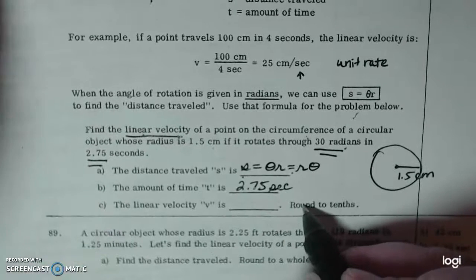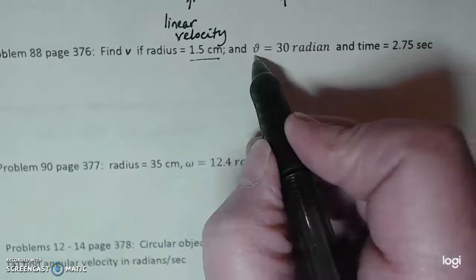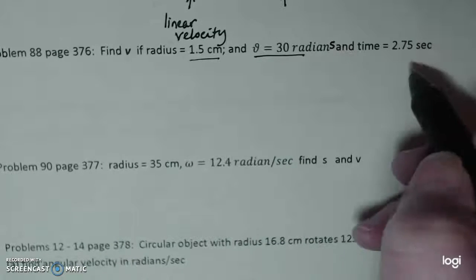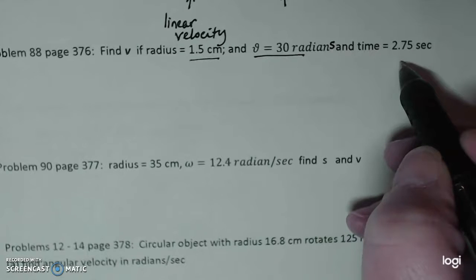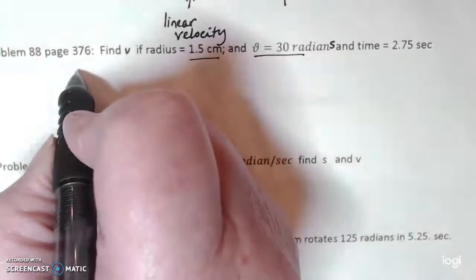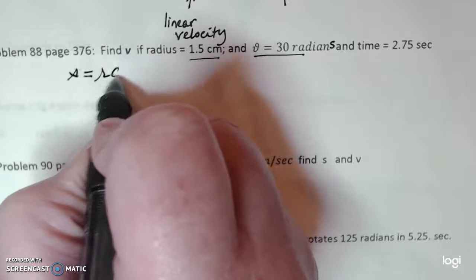So I'm going to move to my other notes here to fill these in. So radius was 1.5 centimeters. Here's your angle measure, and that's plural, and time is 2.75 seconds. So first they asked us to find the length traveled. So that's S equals r theta.